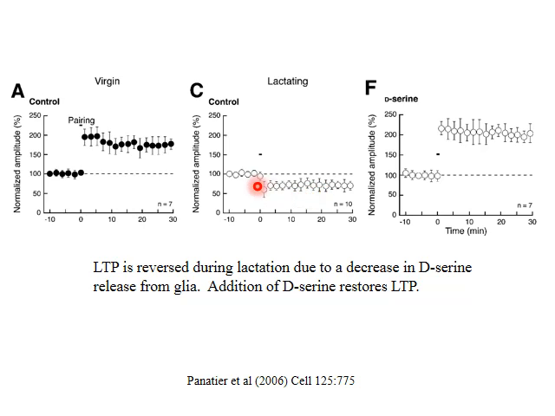So, if this change in synaptic plasticity is indeed due to a decrease in D-serine at the synapses, due to a withdrawal of the astrocytic processes, then we should be able to restore normal LTP by adding D-serine back. And this is exactly what's seen here. This is an experiment done in a lactating animal with D-serine added, and with the added D-serine we see a restoration of normal LTP.